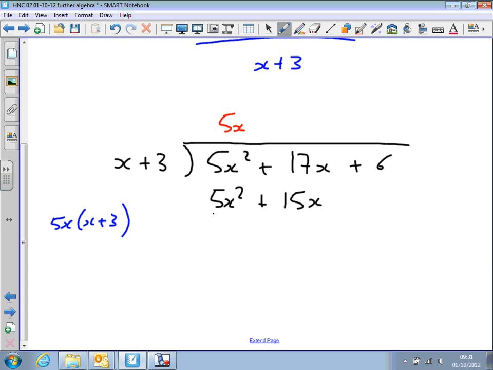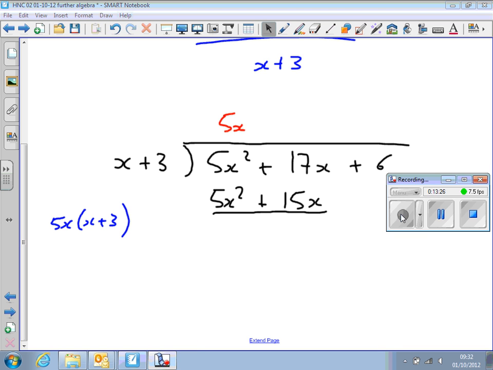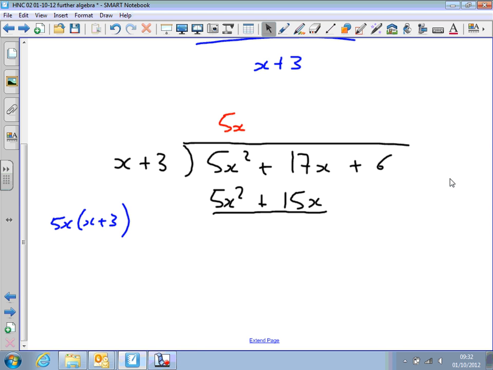And then I work out the remainder. Now, because I've engineered this, the reason why we do this, you remember what I said? I said focus on what I've got to do with that to get that. And the reason is that when I multiply them, I'm going to get 5x squared underneath.